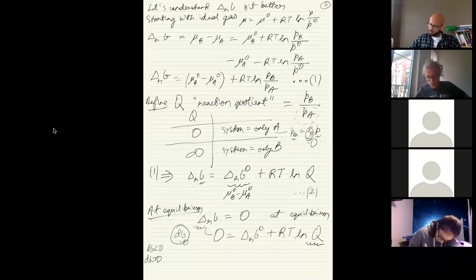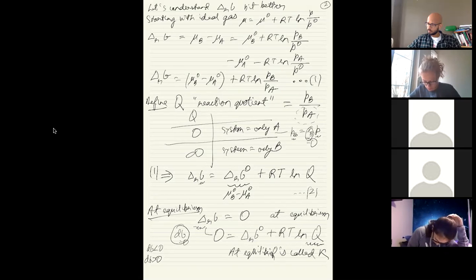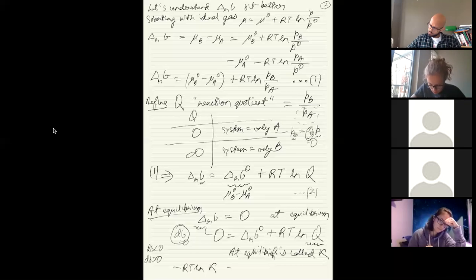At equilibrium, the value of Q is called K. This stuff gets confusing. The reason that we had Q and never really use it is that it's only at equilibrium that Q becomes K. In other words, minus RT ln K is equal to delta RG naught.